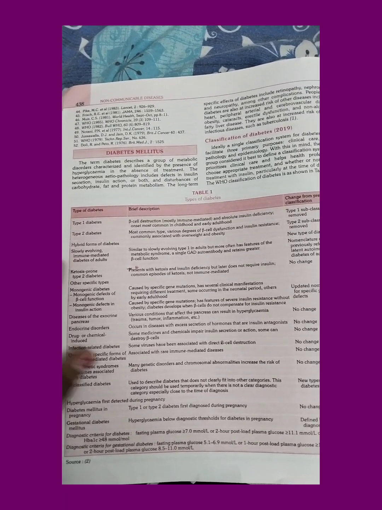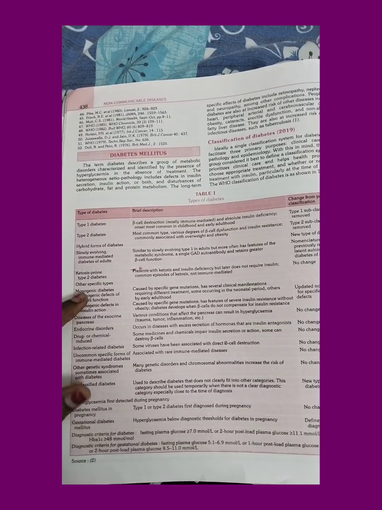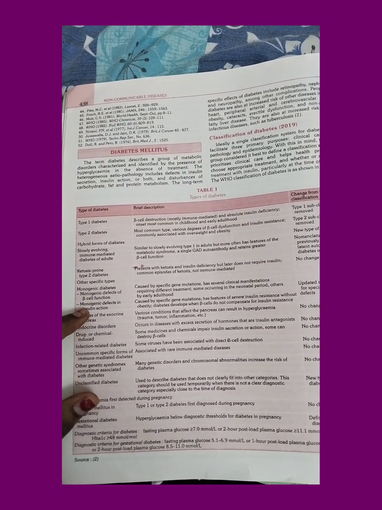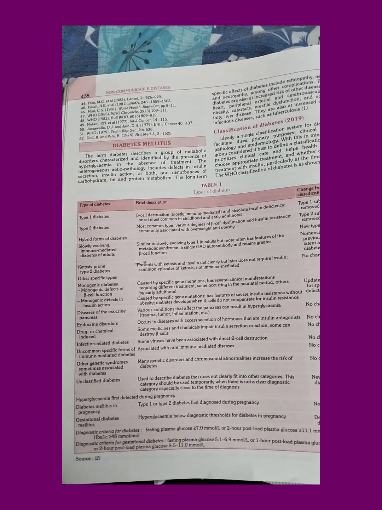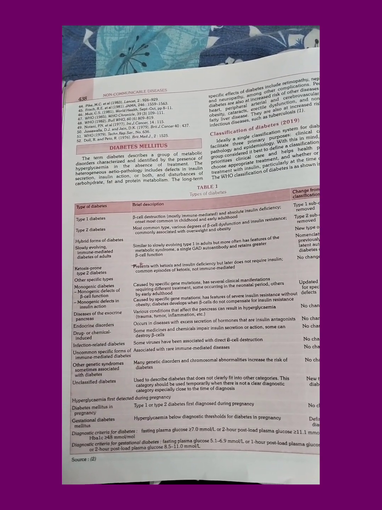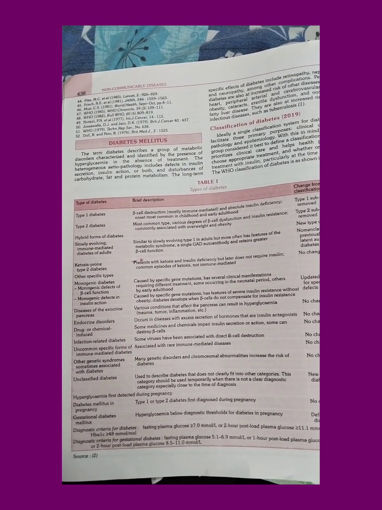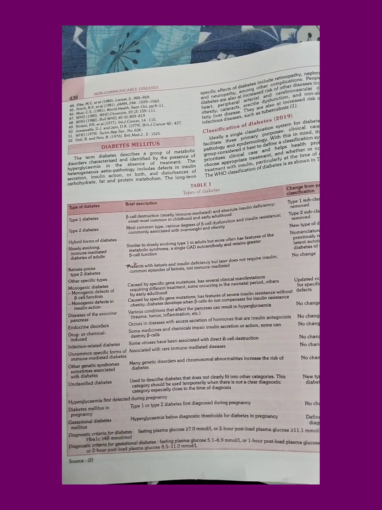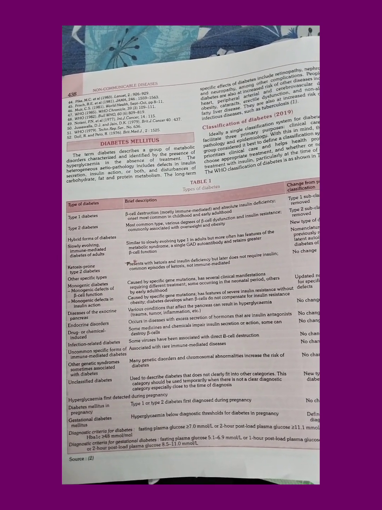These are the different types: ketosis-prone type 2 diabetes, other specific types like monogenic diabetes, diseases of the exocrine pancreas, endocrine disorders, drug or chemical induced, infection related, and other genetic syndromes.